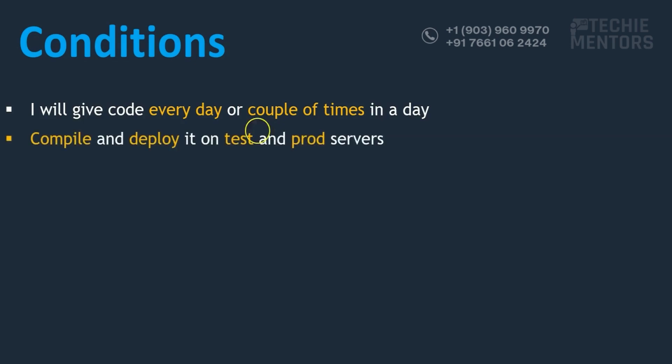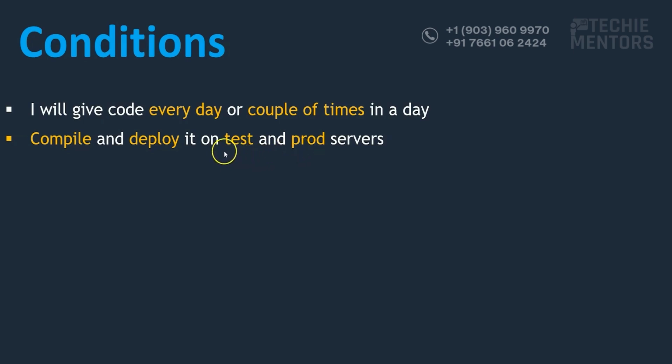The next condition is compile and deploy it on test and prod servers. Before copying this code onto the server, we need to compile it. We need to deploy it on test servers, so it is not only one server. There are different environments, test environment and prod environment.